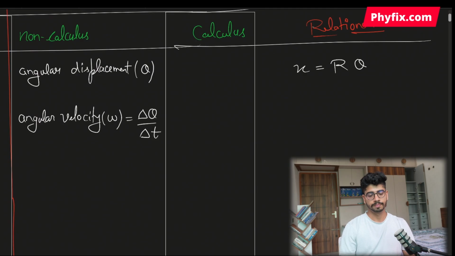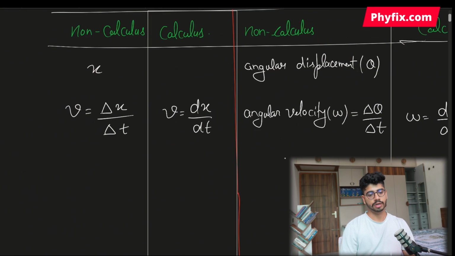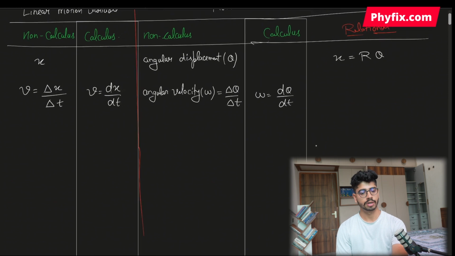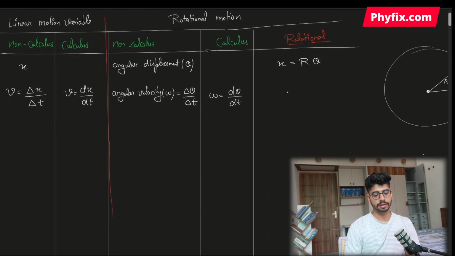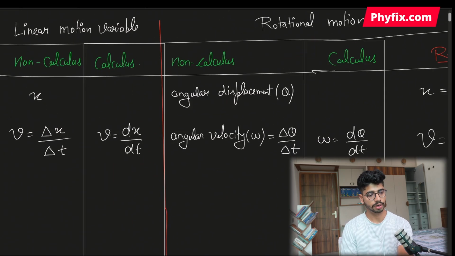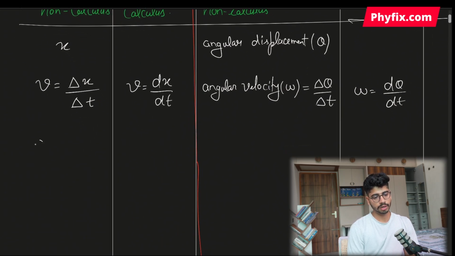In calculus we write it as d theta by dt. What is the relation between linear velocity and angular velocity? Linear velocity is equal to r omega. This is the relationship.